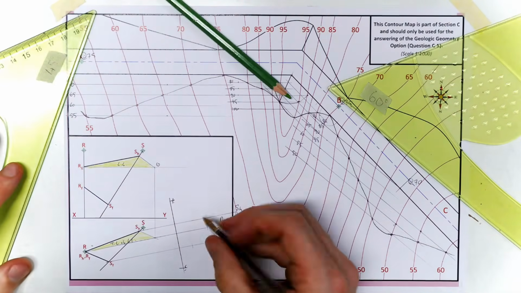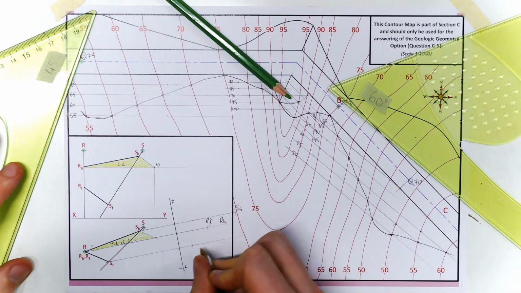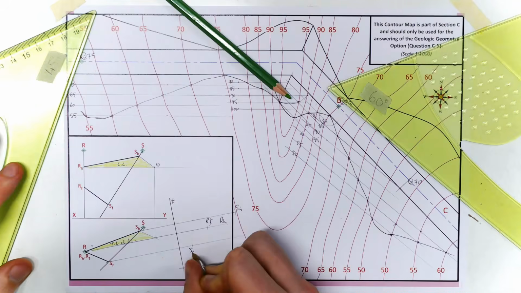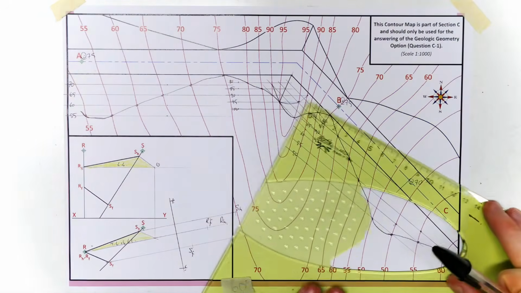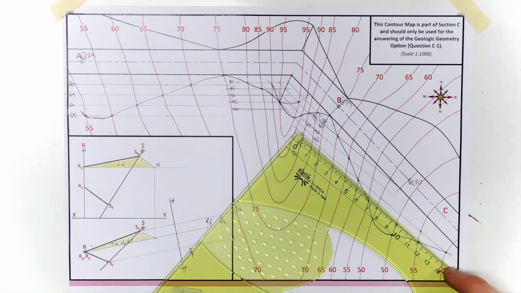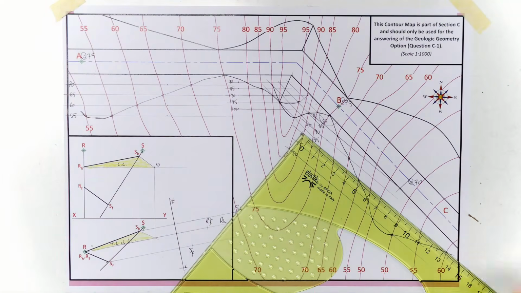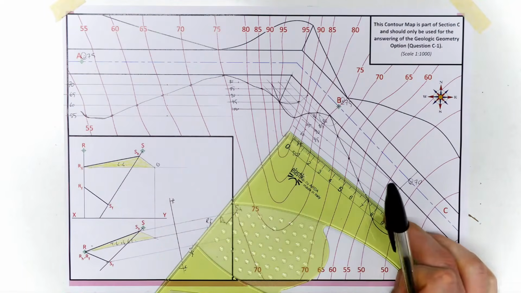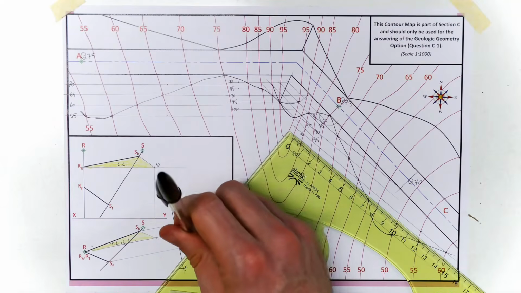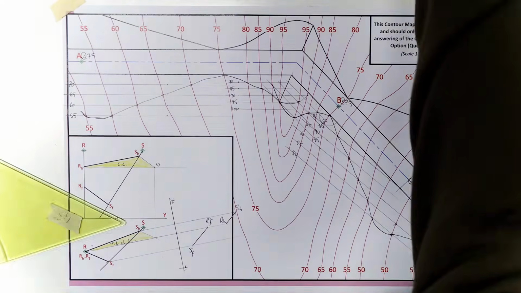So we've got RF, SF. Okay, and what we should get are a set of parallel lines. So let me just double check here. That will be parallel to that. Brilliant. So a set of parallel lines there.